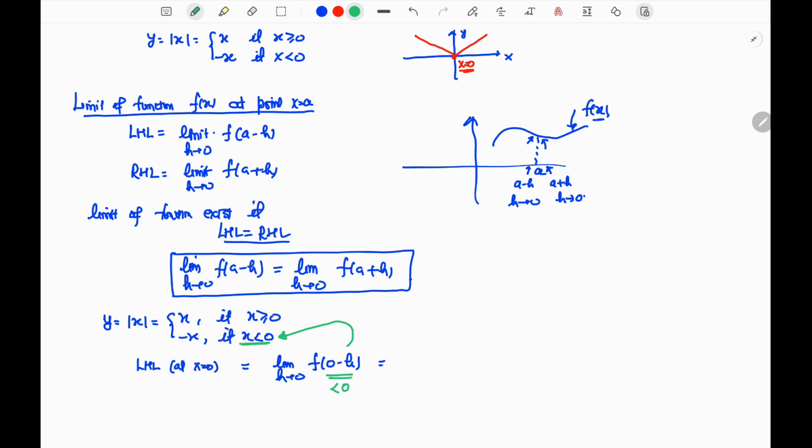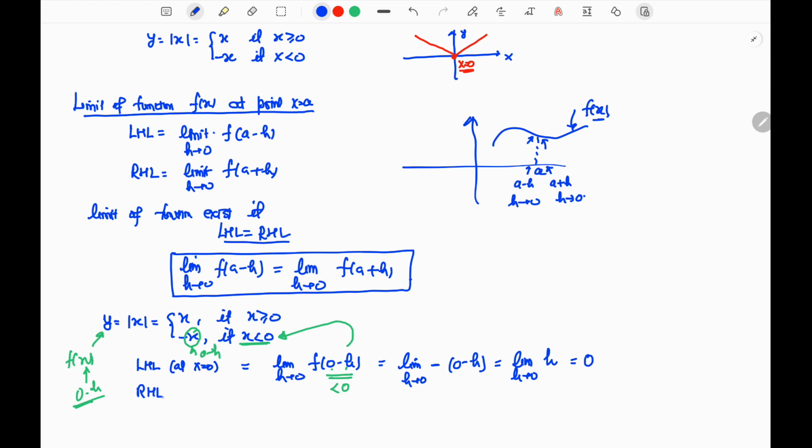So we will replace this x by 0 minus h. So we get limit h tends to 0 of minus (0 minus h), which gives limit h tends to 0 of h, and substituting the value of h, it will be 0. So the left hand limit of the modulus function is 0.